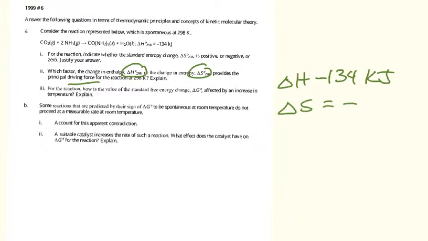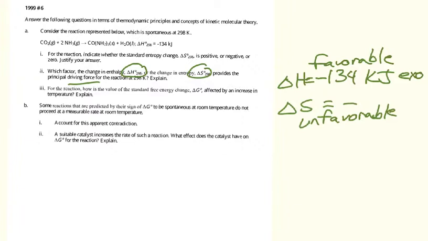And remember that a negative delta H is exothermic, and it's very favorable. But the delta S being negative means the reaction is becoming more ordered, and so this is an unfavorable delta S. So let's try to come up with an explanation.